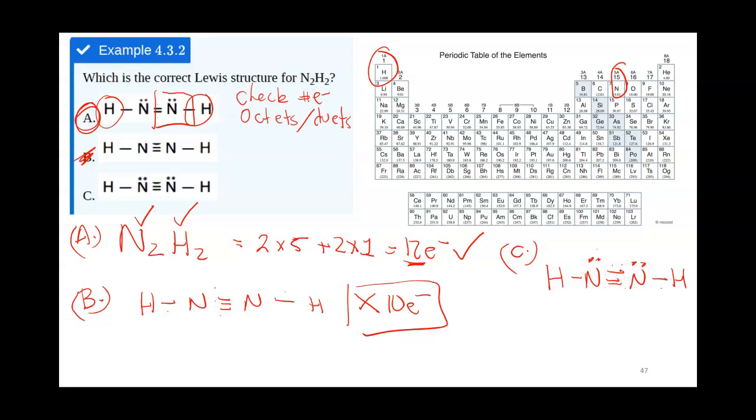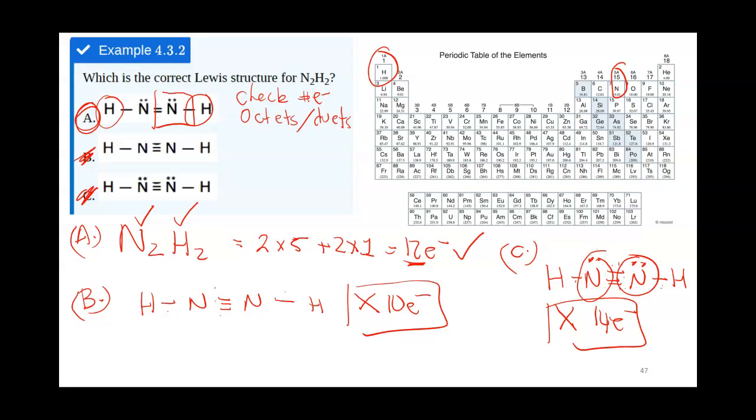And 10 is not 8. If we count up the number of electrons, we have 2, 4, 6, 8, 10, 12, 14. So we know it's wrong because 14 electrons is incorrect, and also nitrogens don't have an octet. So we can scrub C as well.